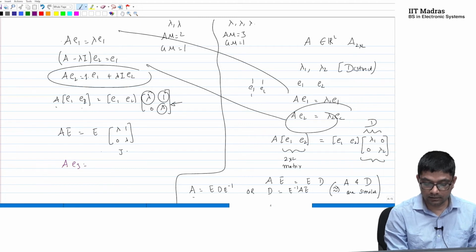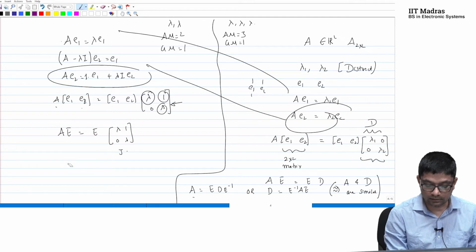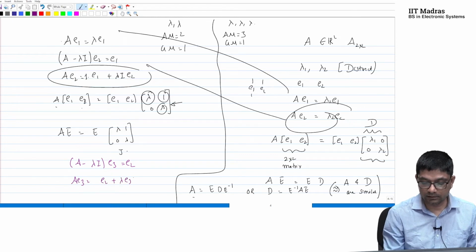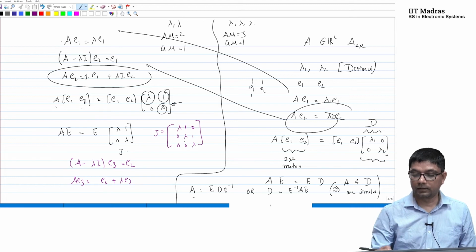So A minus lambda I E3 equal to E2, or A E3 is E2 plus lambda E3, and the matrix J will now have the form [lambda 1 0; 0 lambda 1; 0 0 lambda]. Okay, this is one case.